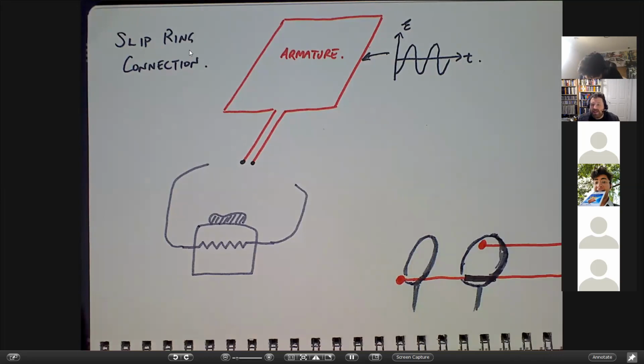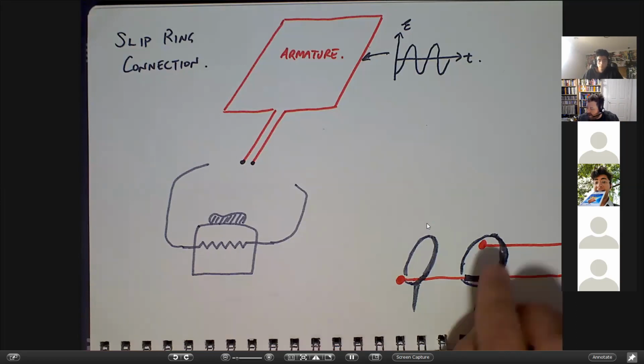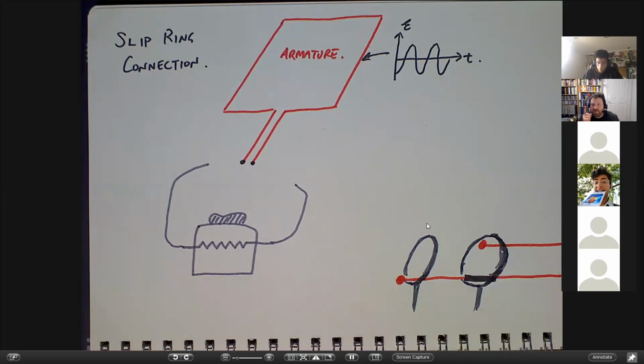okay. So what we have is two little loops that our wires are spinning inside of. Right? So as the armature spins, these wires are spinning inside these two loops. The long one is spinning in both loops, and the short one is spinning in just one loop. So this short one is always in contact with this loop.